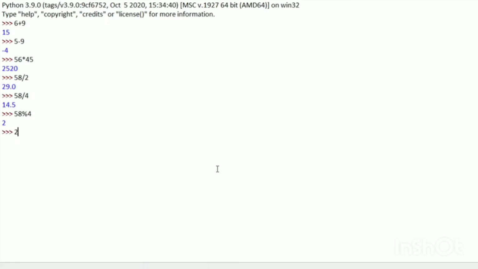For finding that, I will use the star symbol 2 times, or the asterisk symbol 2 times, and I will give it the number 3. So when I hit enter, it obviously will give me 8, because 2 into 2 is 4 and 4 into 2 is 8. So the answer will be 8.